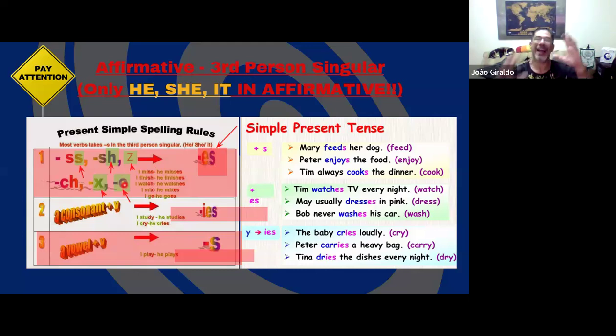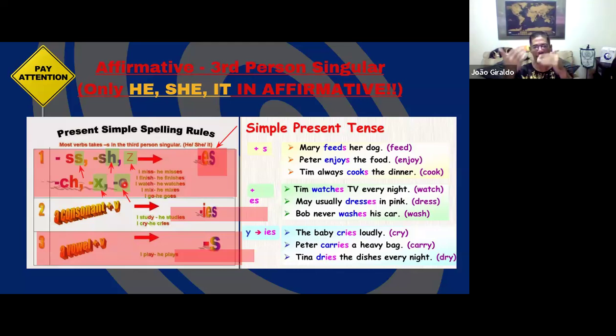Okay? So does is the variation of the verb to do. The auxiliary verb, do or does, is a separate thing. But do is also an action verb, to do an exercise, to do your homework, okay? And for he, she, it, does. So I do my homework, she does her homework, okay?